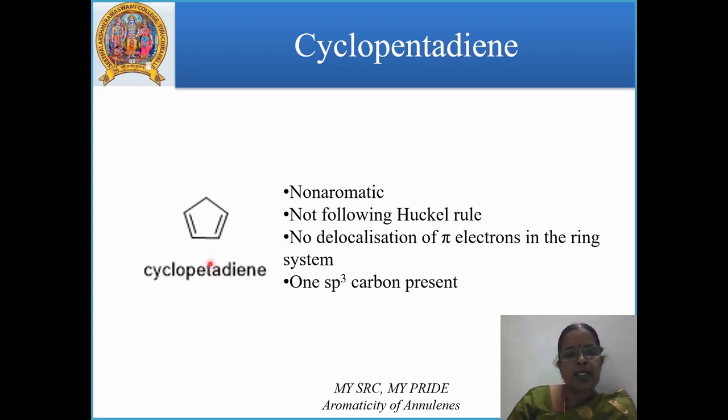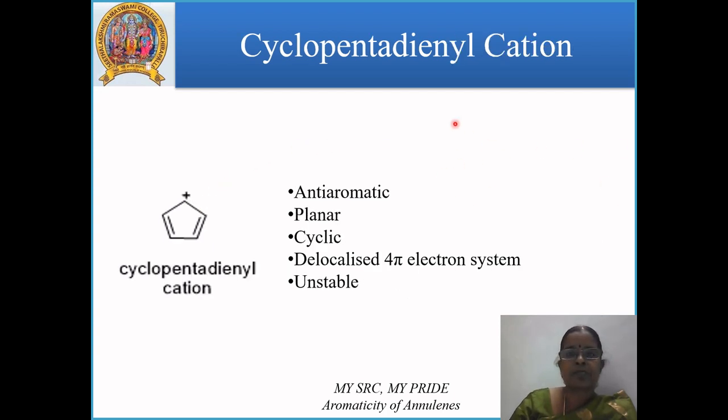Cyclopentadiene. Even though it contains 2 pi bonds, it is non-aromatic due to the presence of this sp3 hybridized carbon. One carbon is sp3 hybridized in the ring system, which means it is non-aromatic. Next one, cyclopentadienyl cation. 2 pi bonds and another carbon is an sp2 hybridized carbon having a positive charge.